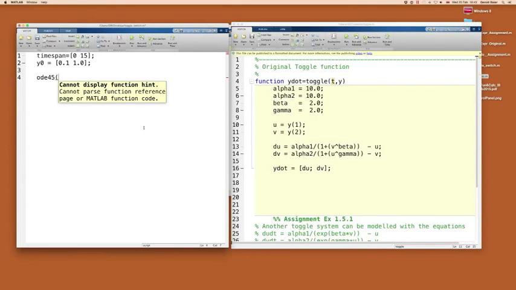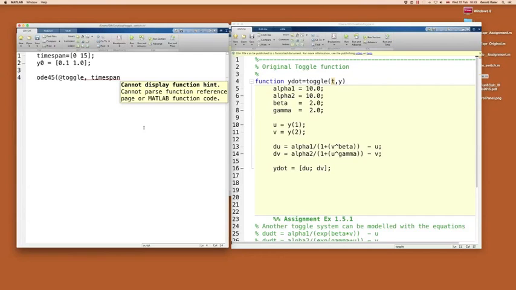Not just a number or a variable, we need to actually give it a function. The way we do that is by prepending the function name with an at. The function we know is called toggle, and we know MATLAB knows what toggle is because when we ran it in the window before, it worked. It didn't complain that it couldn't find that function. We need to give it the time span, and we need to give it the initial conditions.